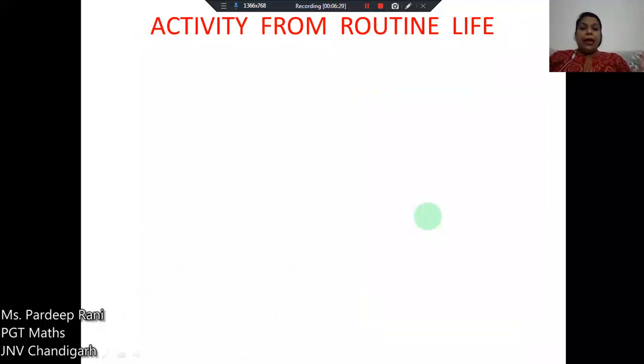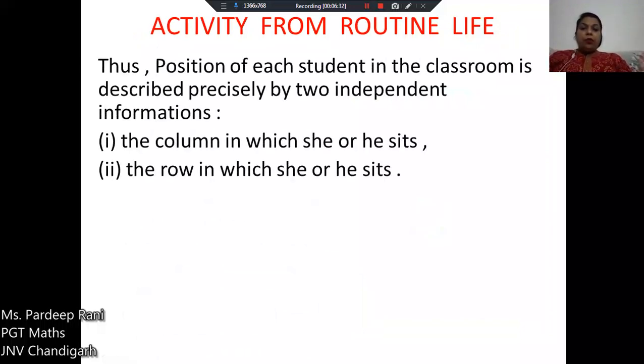We can say that the position of each student in the classroom is described precisely by two independent informations. The first number is the column in which she or he sits, and the second one is the row in which she or he sits.